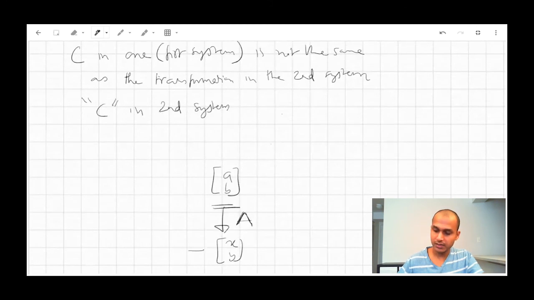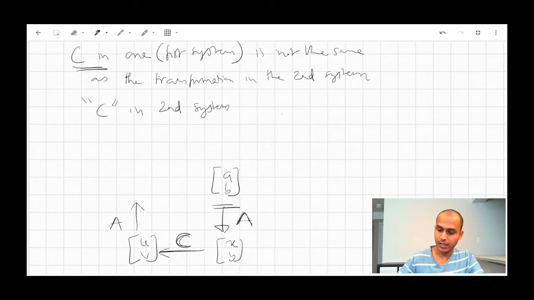Then in the first system, we know what the transformation is, it's just C. Then we get some vector, maybe (u, v), right? Then we will inverse transform it to get the final vector (c, d), let's say. So this is how you would transform (a, b) to another vector (c, d). This is the input vector, and this is the output vector.